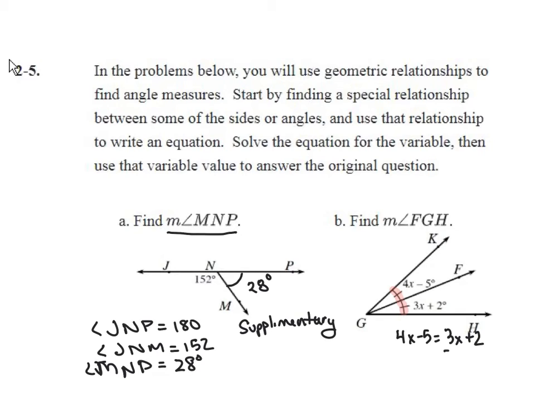I know enough about algebra to solve and get x is equal to, add 5 to there and add 5 to there, so x is equal to 7. So 7 times 4, minus 5 would be 23 degrees, and 3 times 7 is 21, plus 2 is 23 degrees.